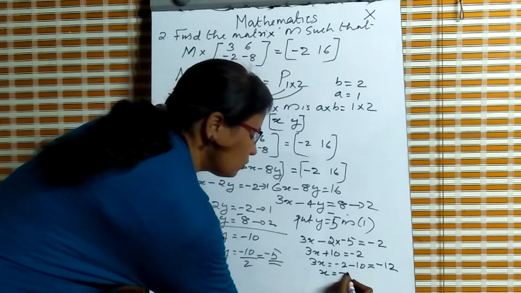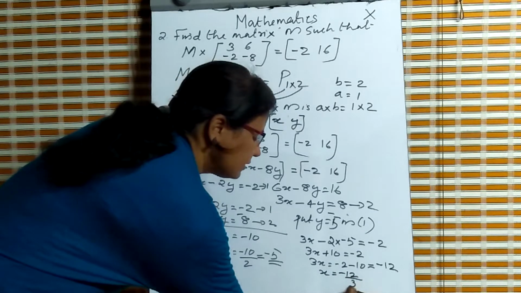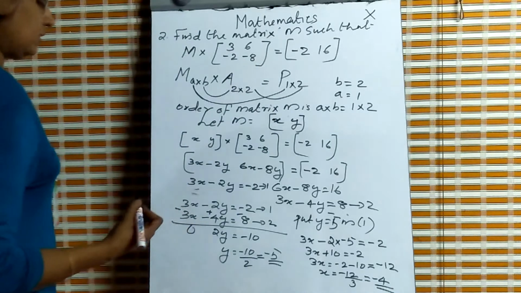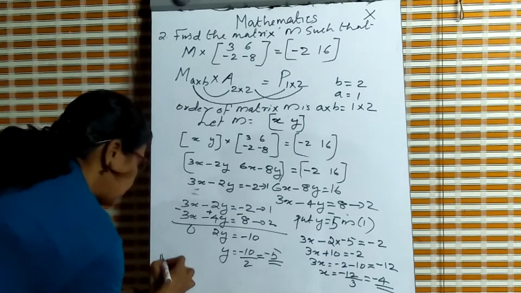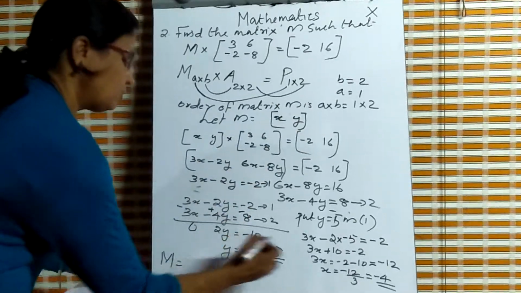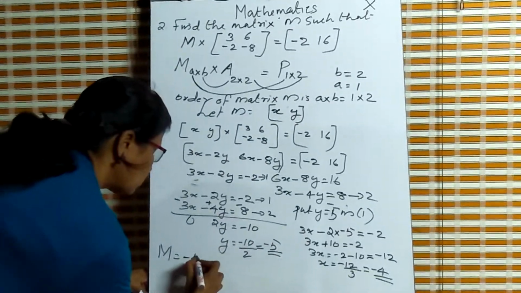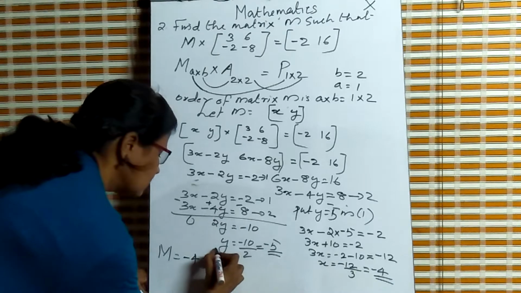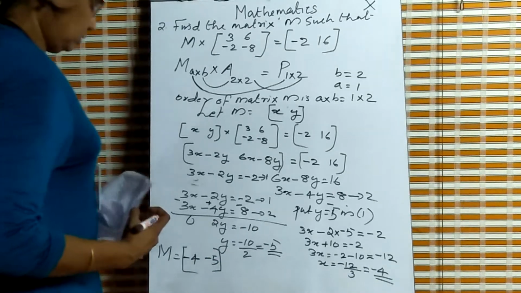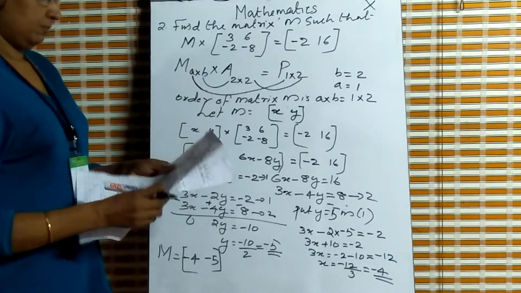Therefore, x is equal to minus 12 by 3, which is equal to minus 4. The value of x is minus 4. So our matrix M is equal to, assuming xy, x minus 4, y minus 5. This is our M. Matrix M is minus 4, minus 5.